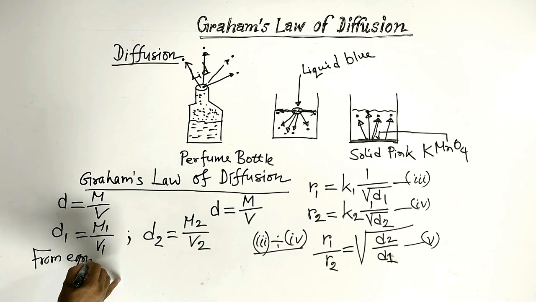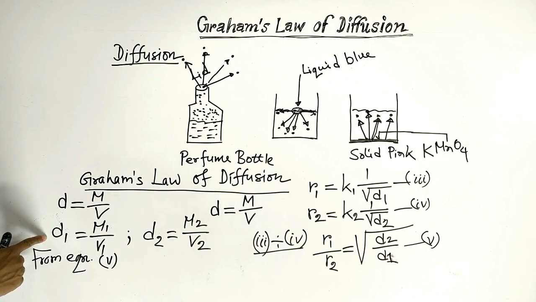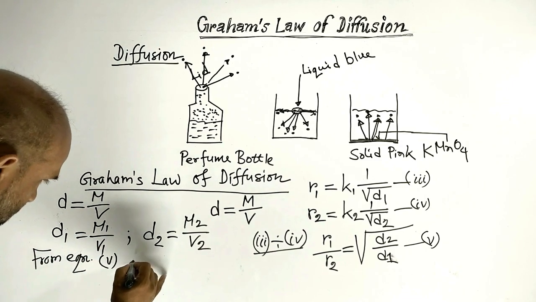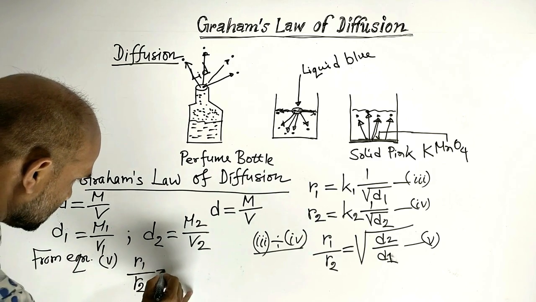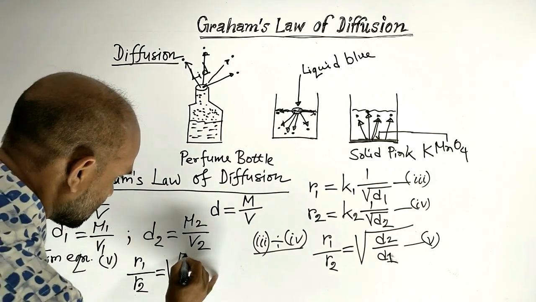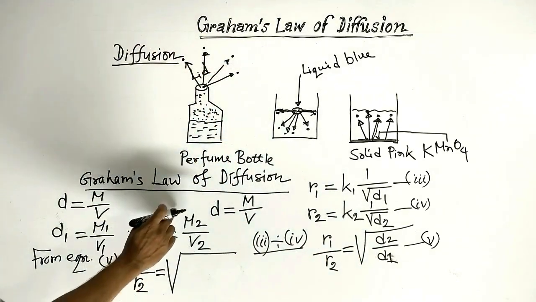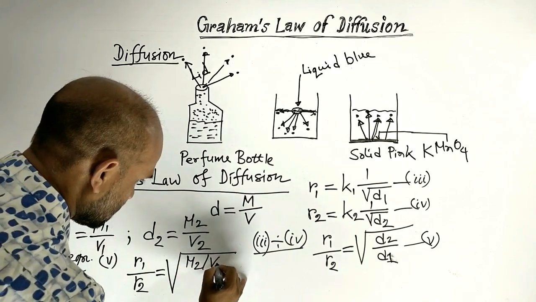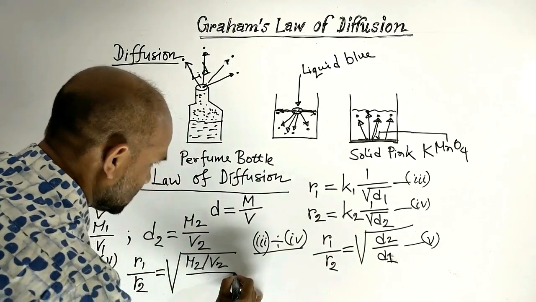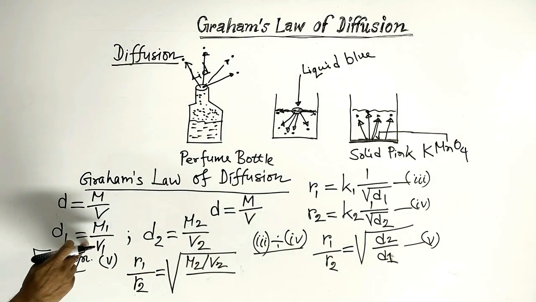Now, from equation 5, putting the values of D1 and D2, R1 by R2 is equal to root over D2, that is M2 by V2, divided by D1, that is M1 by V1.